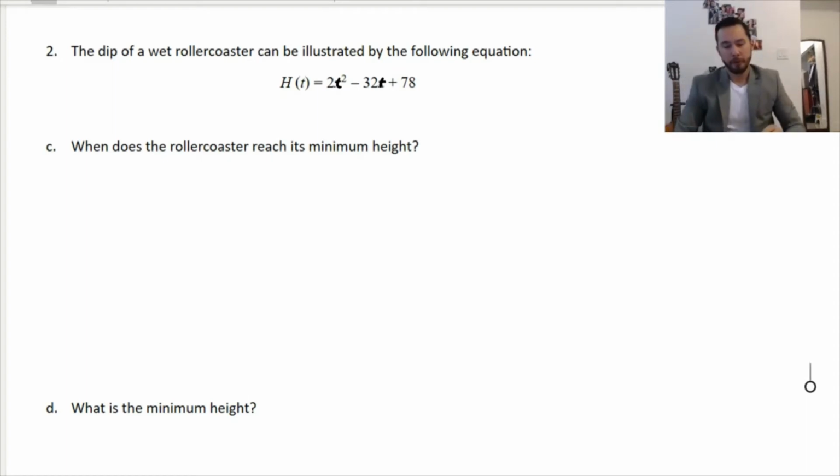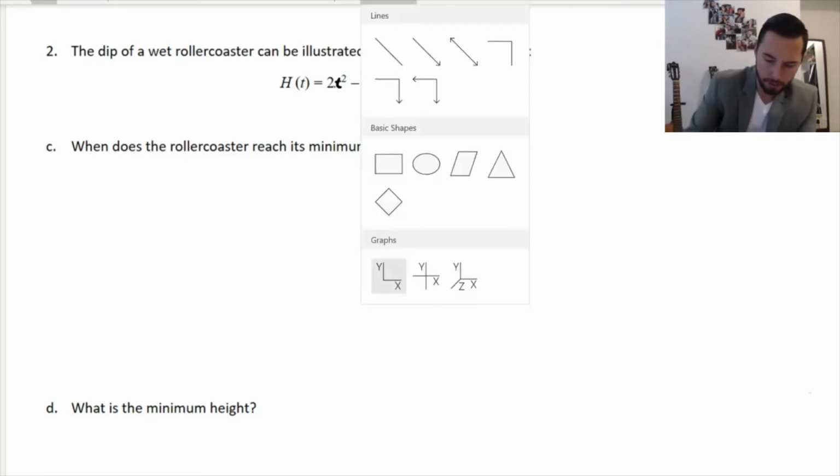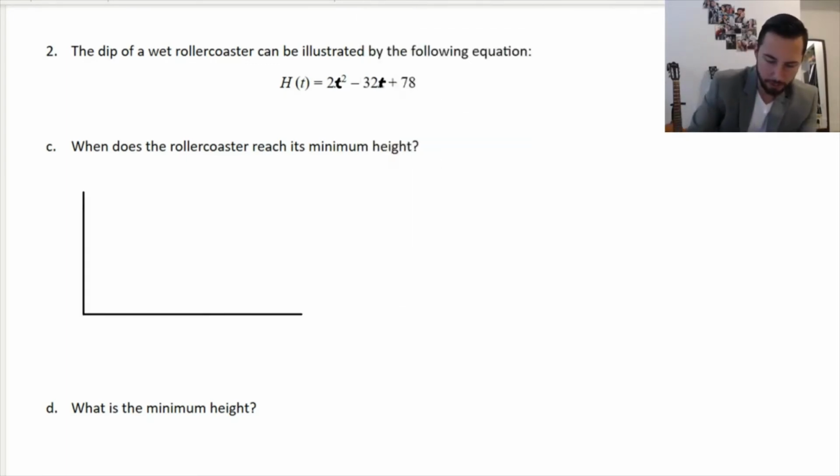So in this case, I have some kind of roller coaster, and let's say this is one of those fancy roller coasters that dips underground, like Splash Mountain where it goes under a tunnel. So it goes under the ground.